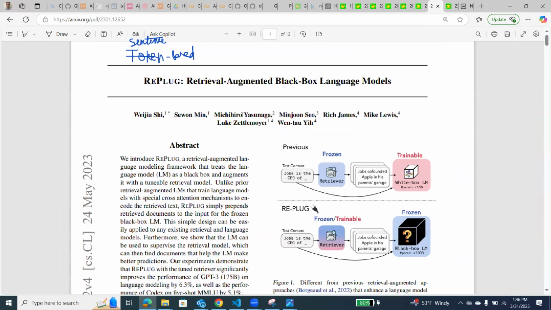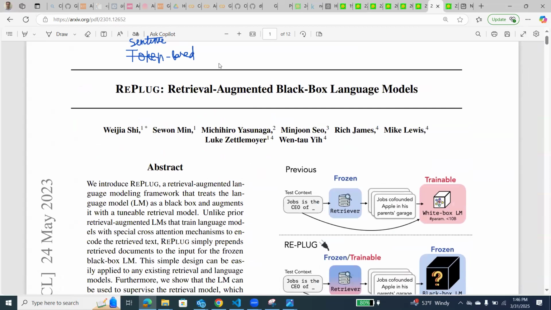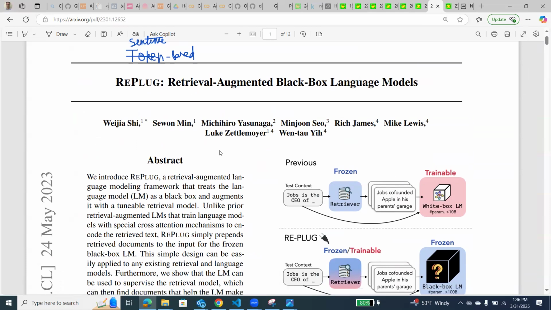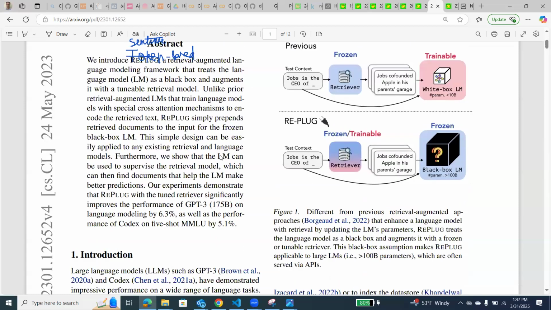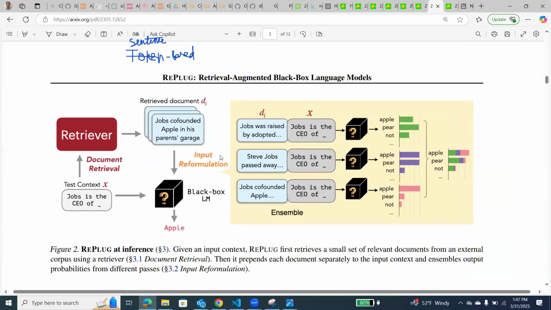And finally, the first architecture that didn't fine-tune the generator was called REPLUG. Okay, so what do you think? Oh, we have just 3 minutes left. What do you think? Why is training the retriever better than training the generator?